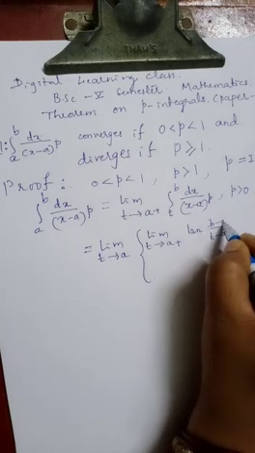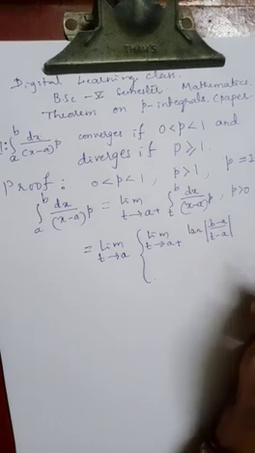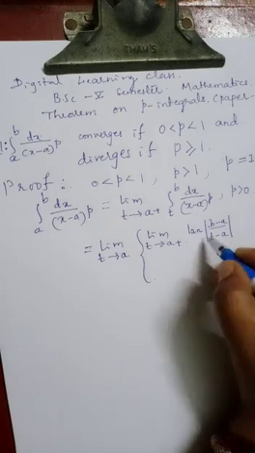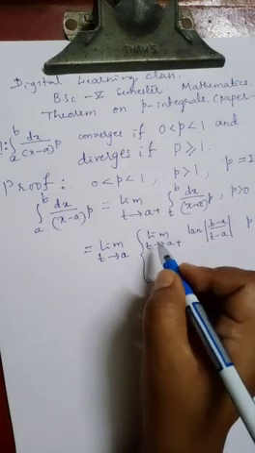The magnitude may be either positive or negative, for that purpose. So this is the case when p is equal to 1.